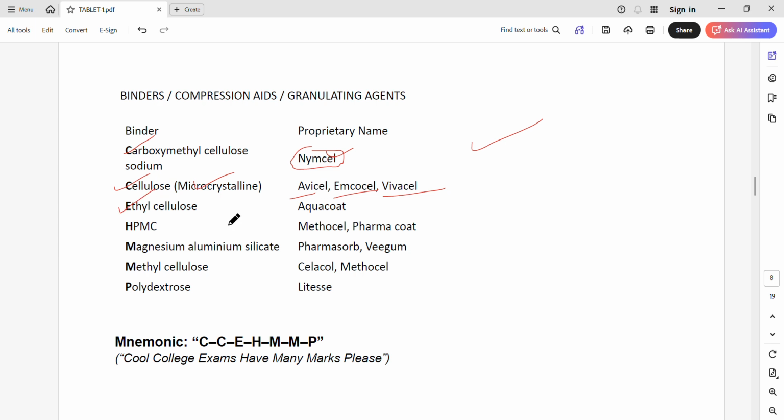Then another one is ethyl cellulose, which is Aquacoat, and HPMC, hydroxypropyl methyl cellulose, which is called Methocel and Pharmacoat. Magnesium aluminum silicate, which is Veegum, and another is methyl propyl cellulose, and polydextrose.